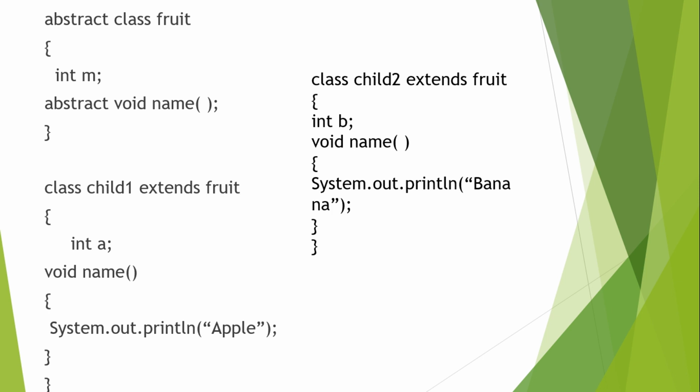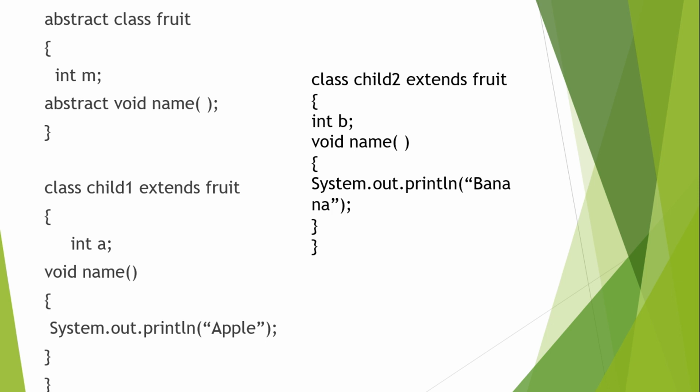Now what is the abstraction concept? The detail of the name function is hidden in the Fruit class. The detail is mentioned in the two child classes, and the details are different. As you can see, the detail in the child1 class is apple, and in the child2 class it is banana.